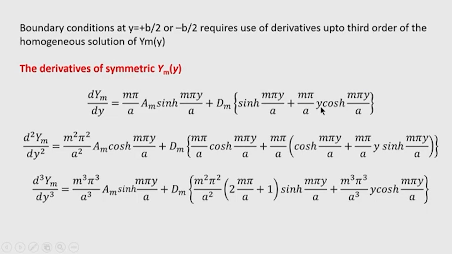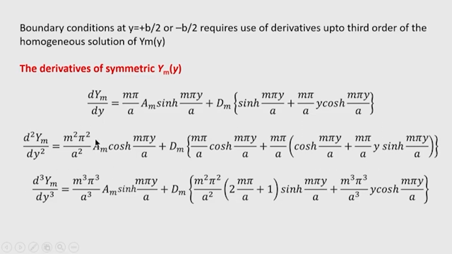The first term gives 1 times cos hyperbolic m pi y by a, and secondly, cos hyperbolic m pi y by a is differentiated with respect to y, so m pi by a comes out, y remains as it is, and cos hyperbolic is transformed to sin hyperbolic m pi y by a. So, this is the second derivative.